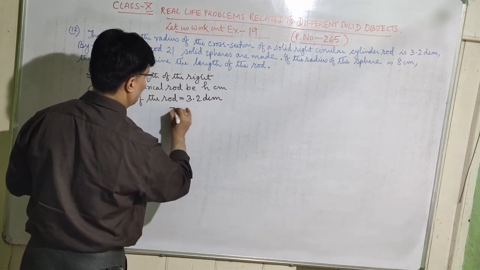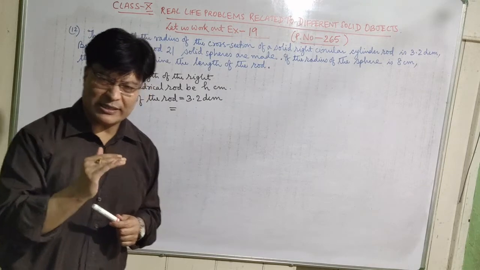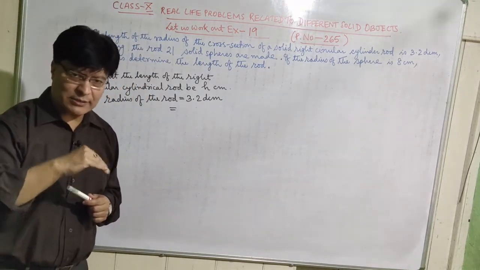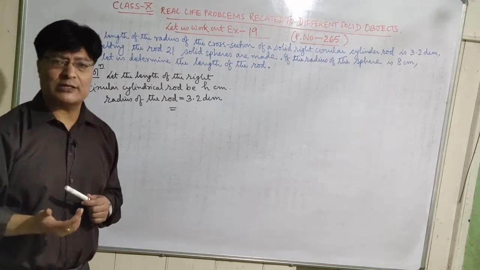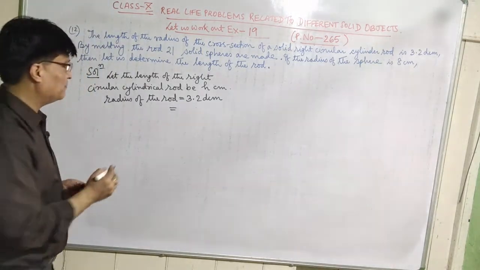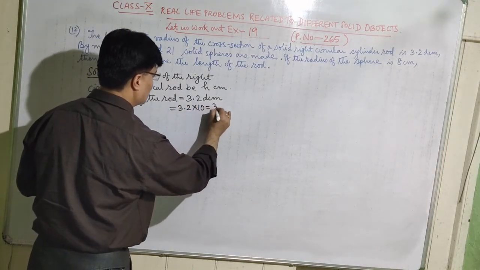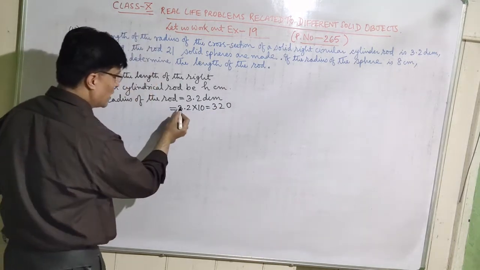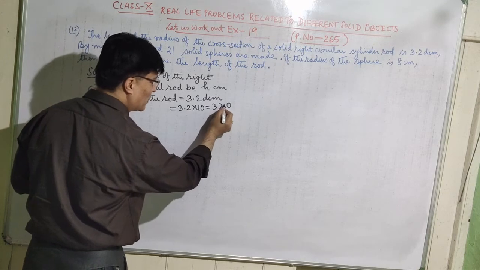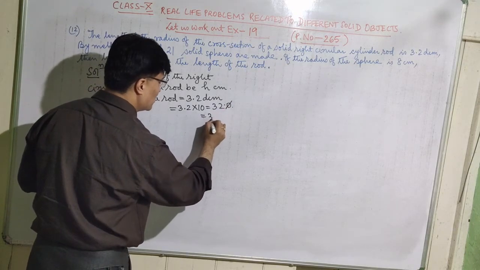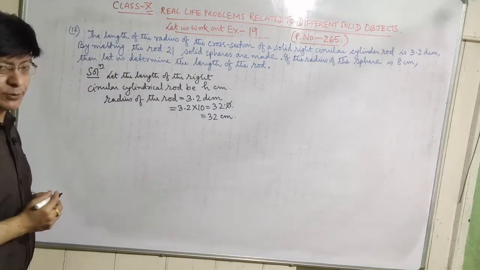We convert this also into centimeter. Decimeter is a slightly bigger unit than centimeter, so going from decimeter to centimeter we are going to a smaller unit. If we go one step to a smaller unit, we multiply by 10. So 3.2 into 10 is equal to 32. There was one figure after the decimal point, so you have to write the decimal point before one figure from the end. So which is equal to 32 centimeter. So this is the radius of the rod.